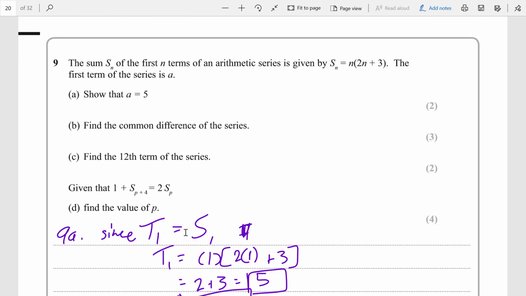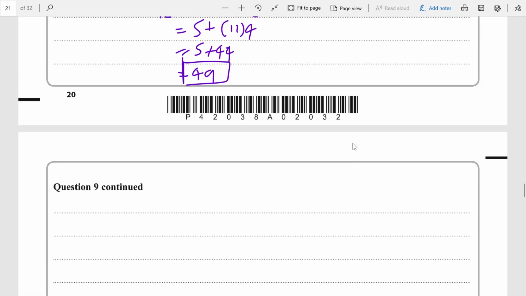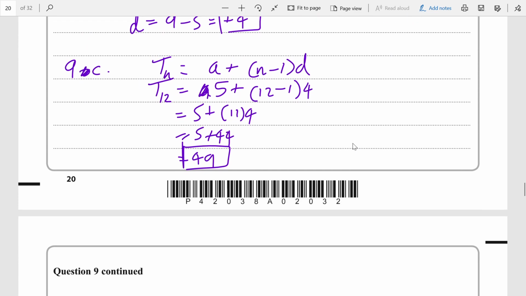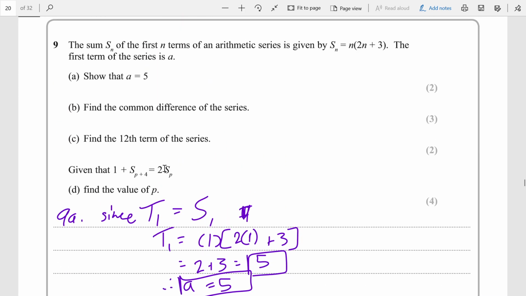And finally, given that 1 plus the sum to p plus 4 terms is equal to 2 times the sum to p terms, find the value of p. So the sum of terms formula, we're just going to use the one they've provided here. So let's see. Answering part D here. First, we'll find the expression for 2Sp.